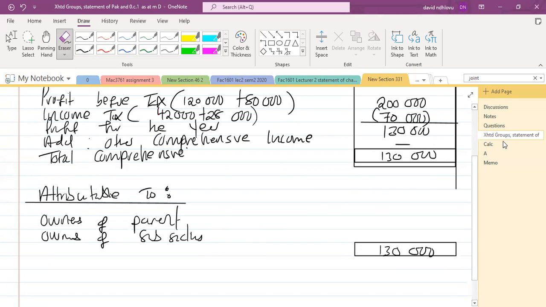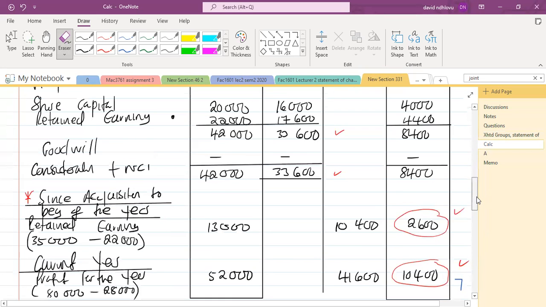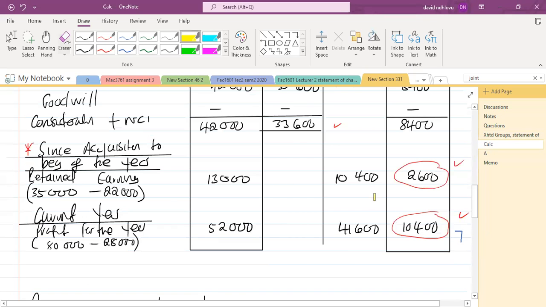You go to your calculations. You say in terms of current year's profit, how much of that profit is attributable to the NCI? The NCI in the combined group only have a share of their profit from the subsidiary.